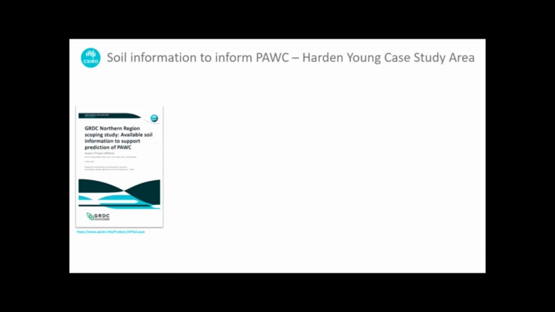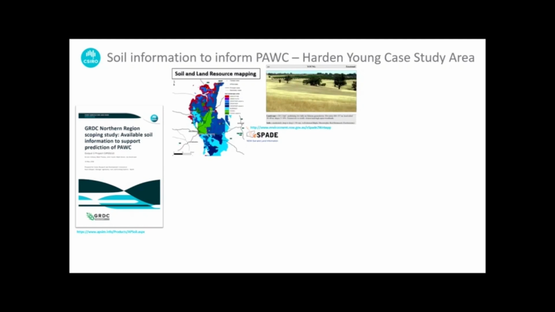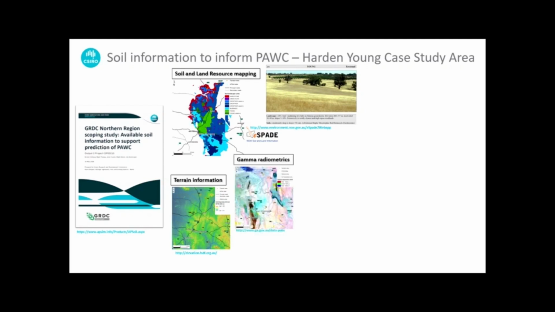So some of the information we use to inform our decision and our selection of plant available water buckets. That's our scoping report that we did, our lit review for the northern region. We use the soil landscape information from eSpade, that's out of the New South Wales Department of the Environment and Heritage. We use terrain data from various sources, GA and others. Elvis is a site that we use.